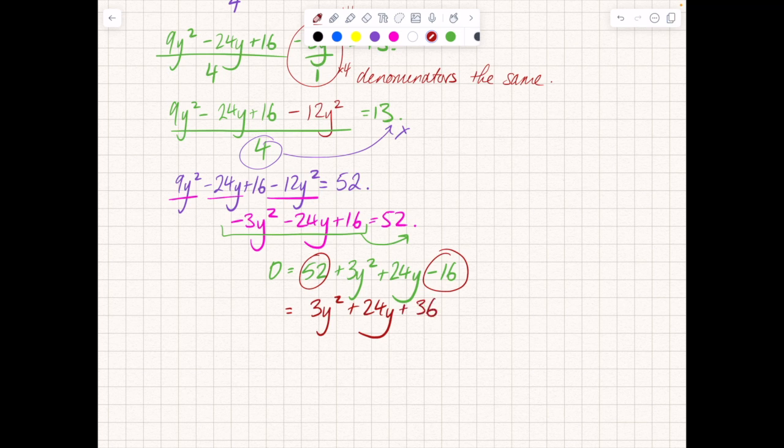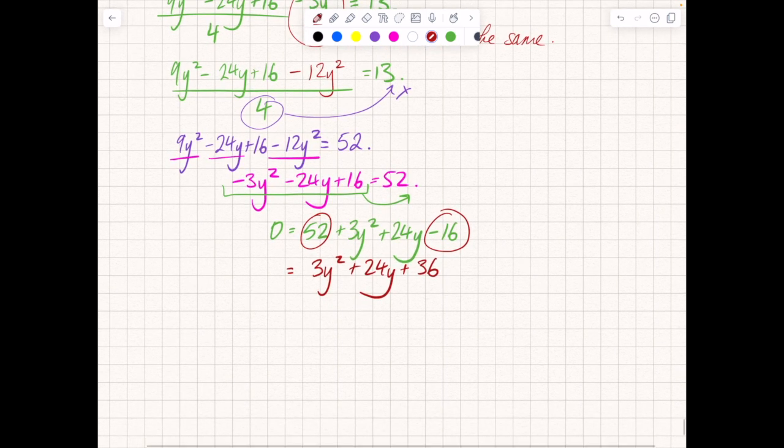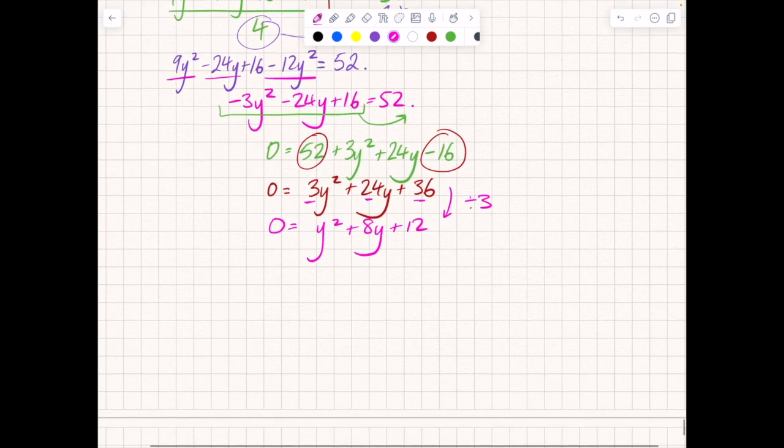Plus 36. Now from here, all I need to do is factorize it and solve it however I can. If you look at these numbers, actually all of these divide by 3. So let's make my life a lot easier. y squared plus 8y plus 12 equals 0.